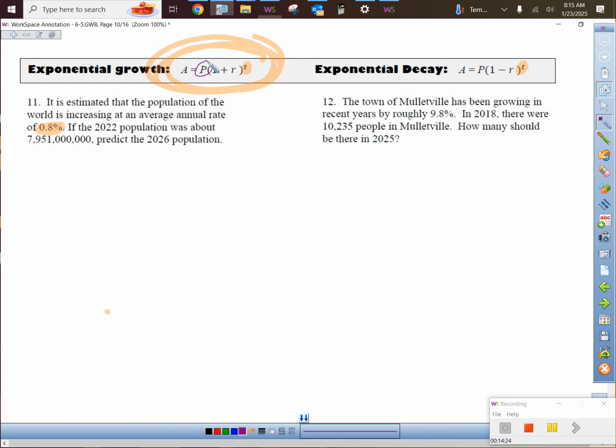So could you tell me, what's the principal, the starting value? Obviously, it's not the population of the world in year 0. It's when we started measuring this. Do we know a year when we started measuring this? 2022, right? Isn't it this big old honker number right here? So that'll be our principal.